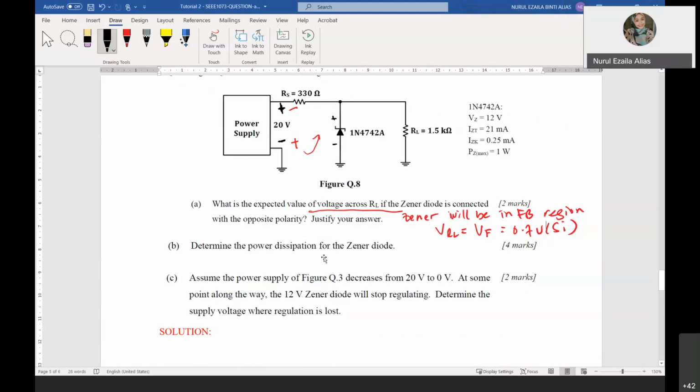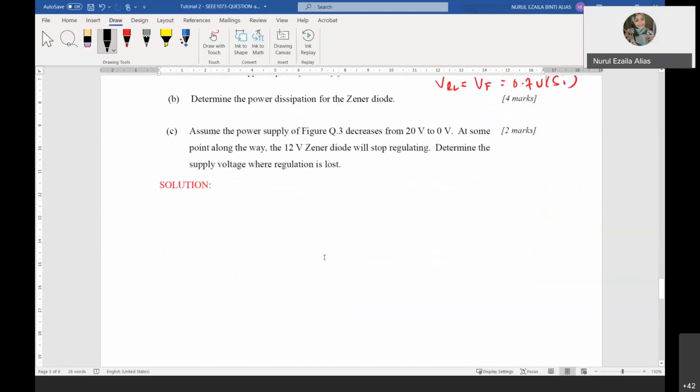So let's draw together. In order to define whether this Zener diode regulates or not, how do you do it? This is your circuit. This is your RL, this is your Zener diode, and this is 20 volt.